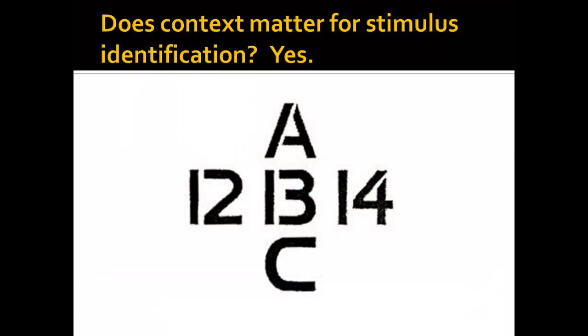The first stage of identifying the stimulus is affected by the context in which the stimulus is presented. Palmer was the first to investigate the effect of context on stimulus identification. This suggests that there's a top-down element to stimulus identification.